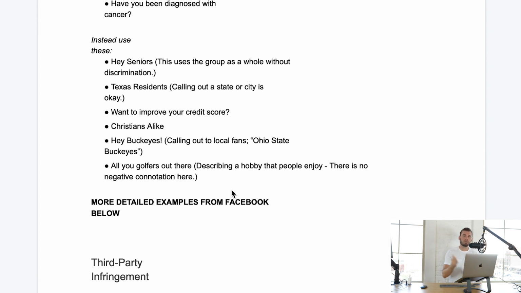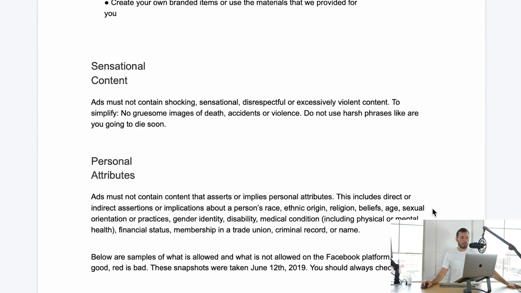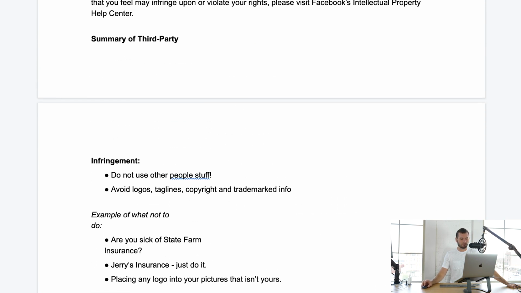Not you, because you are a golfer, but just golfers enjoy playing at this golf course. I know those are super minute and finite differences, but these are the examples that Facebook gives, and this is how you get around that targeting issue of trying to pick someone out from a crowd, which they do not like.